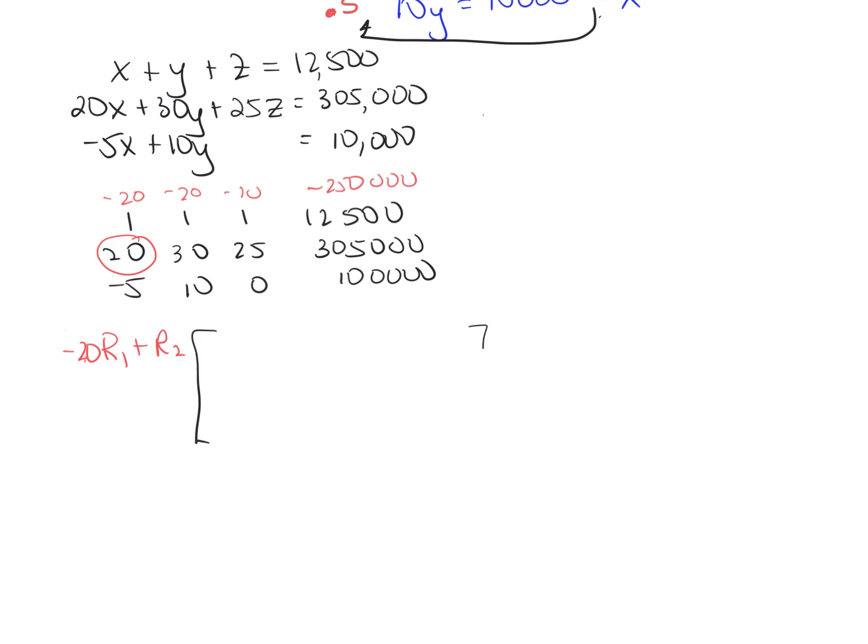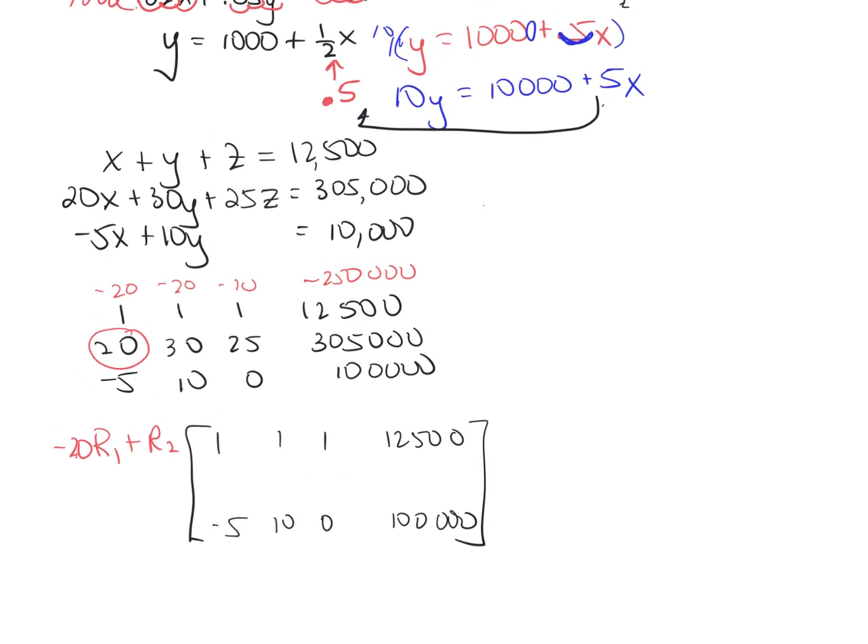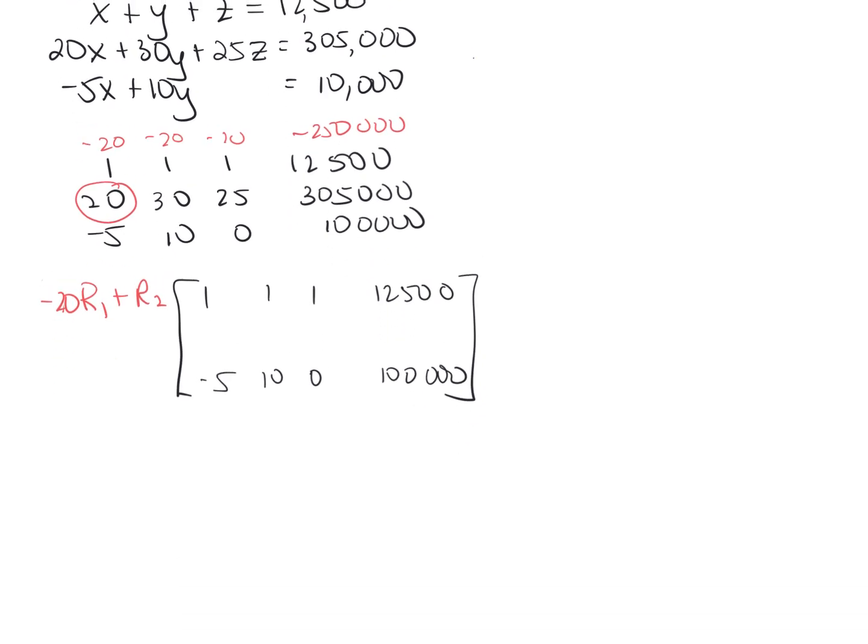All right, here we go. Row 1 does not change. 1, 1, 1, 12,500. Row 3 doesn't change either. Negative 5, 10, 0, 100,000. Is that right? That should be 10,000. Ooh, we don't want to start off with that bad thing.